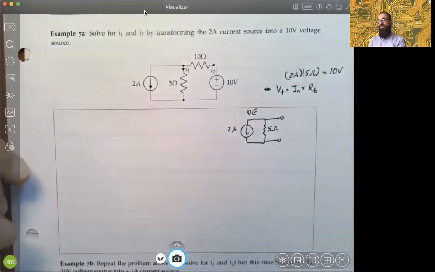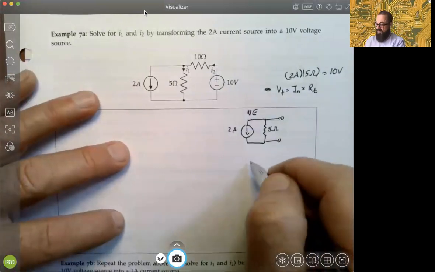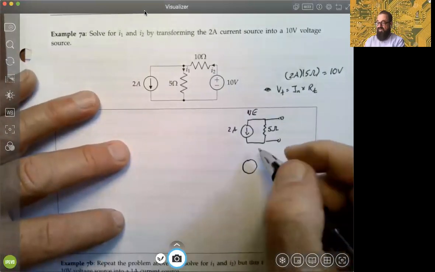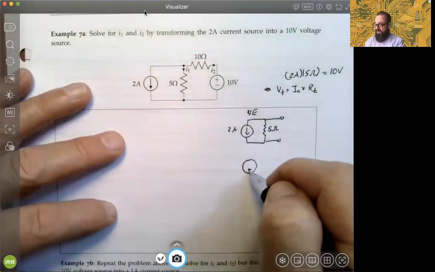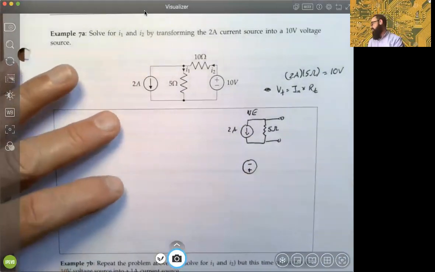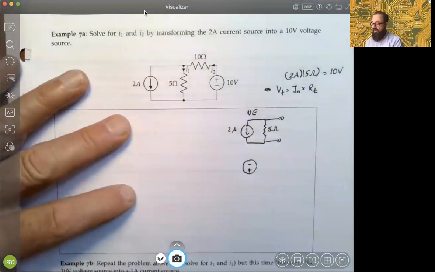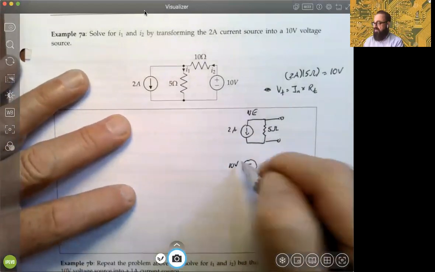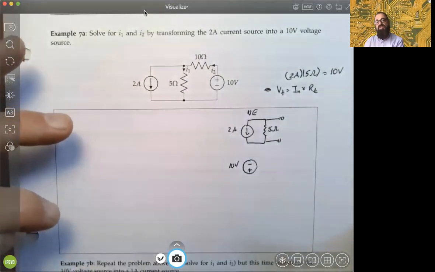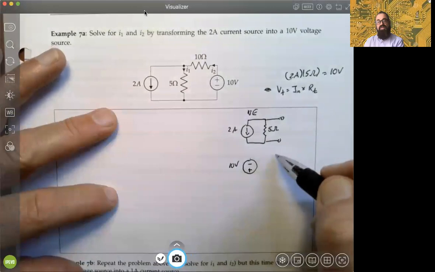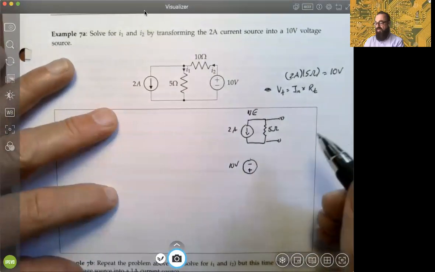The question is how do we draw it? Well, we need to draw it so that the current direction to deliver energy is down. So this is the way we'll do it. We'll flip the polarities, put plus minus that way. We know it's 10 volts. Can you remember how we should configure the resistance? Should we connect it to the negative polarity or the positive?